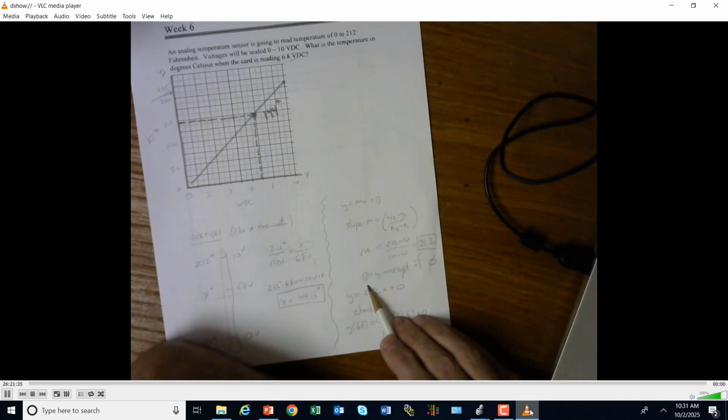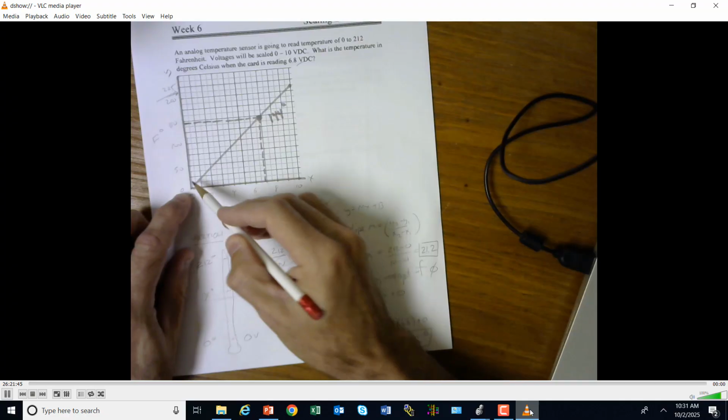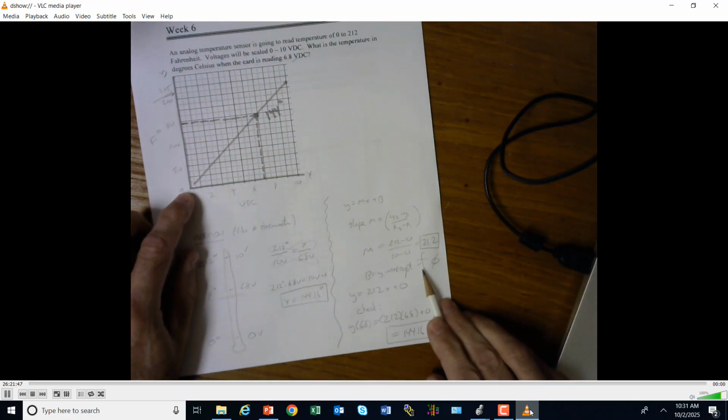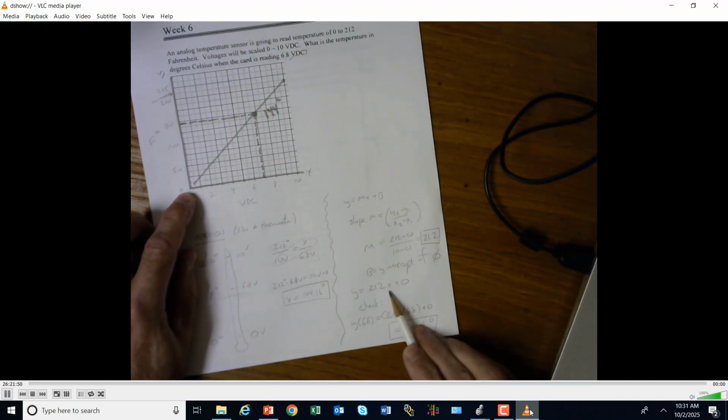This is once again going back to your algebra 1 and geometry 1. My b is my y-intercept, which in this case is just going to be 0, because it starts at 0, 0. The y-intercept is 0. So I get the equation y equals 21.2x plus 0.